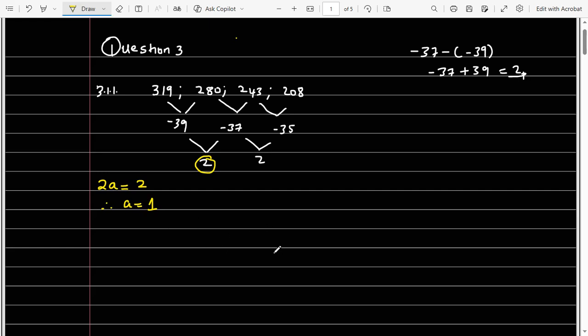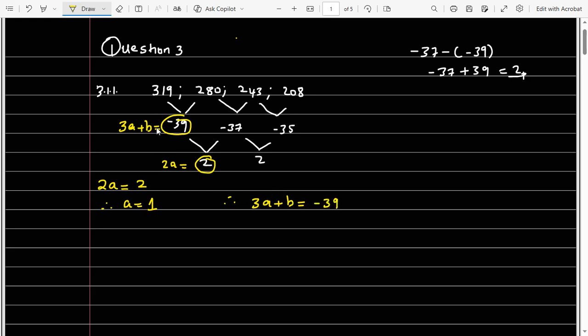And to find the value of B, you use the formula 3A plus B. It's equal to the first term of the first difference, which is negative 39.